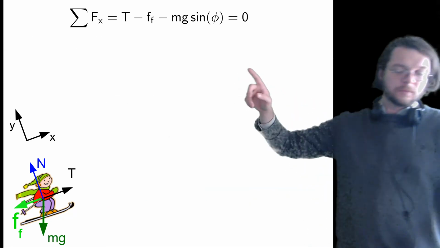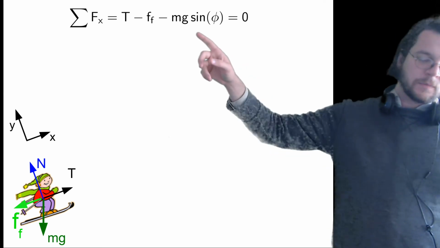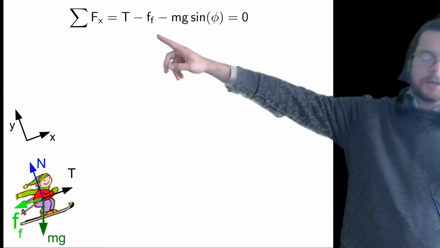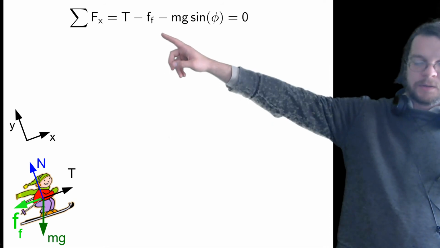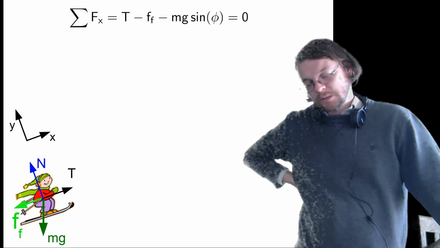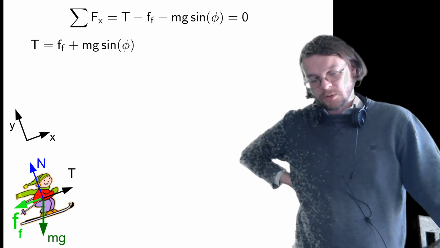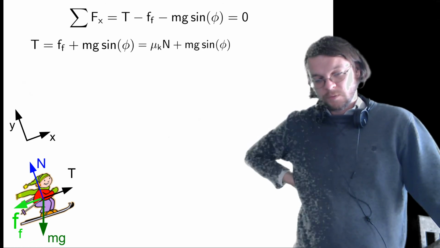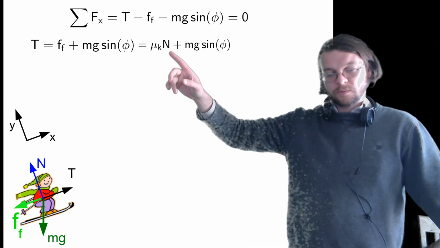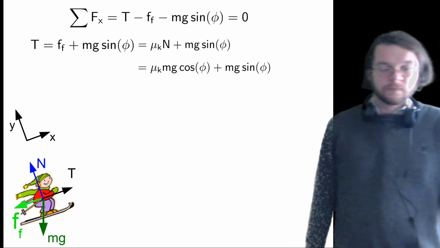Here's our trig function. We've got another equation here, but what we can do is solve for the tension, right? Because there's a friction force here, but we know what the friction force is because the friction force is the coefficient of kinetic friction times the normal force, right? And we know what the normal force is. The normal force we just found to be mg cosine theta.